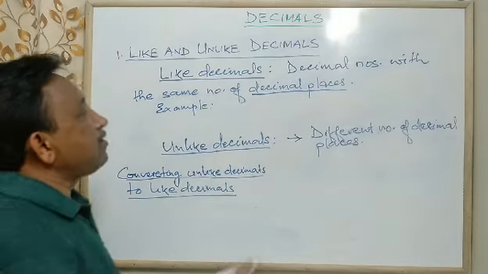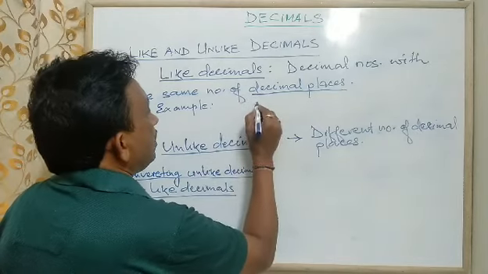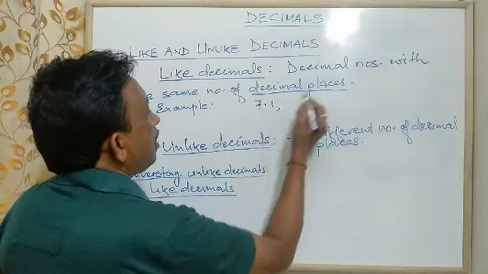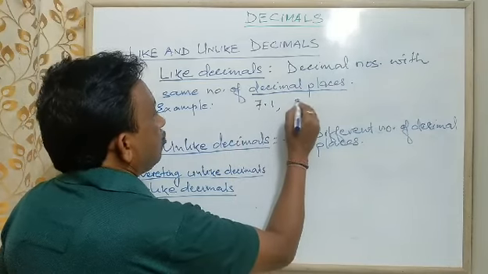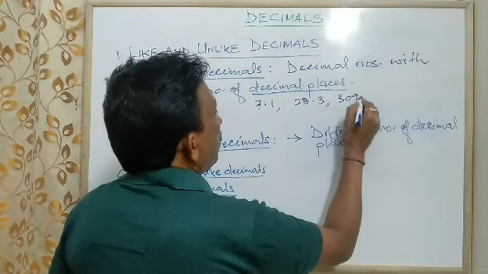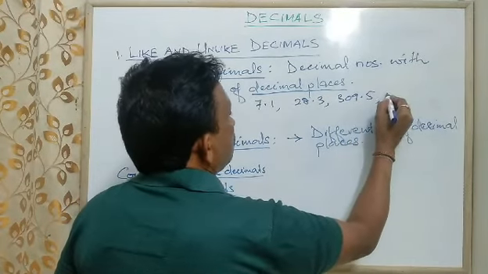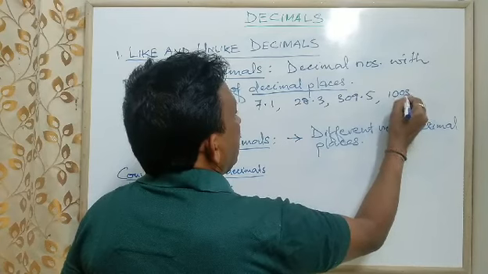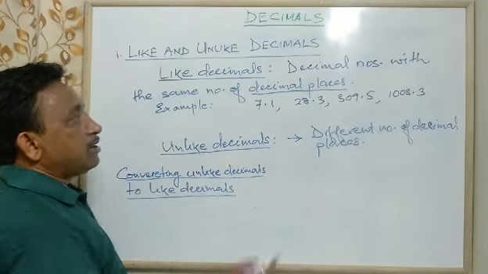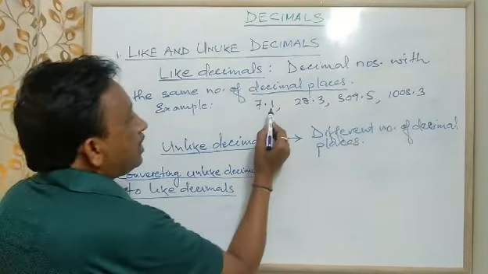What is the meaning of this? Say, for example, suppose there is a set of decimals like this: 7.1, then 28.3, then 309.5, suppose 1008.3. Now in these decimals you will see all the decimal places are the same.